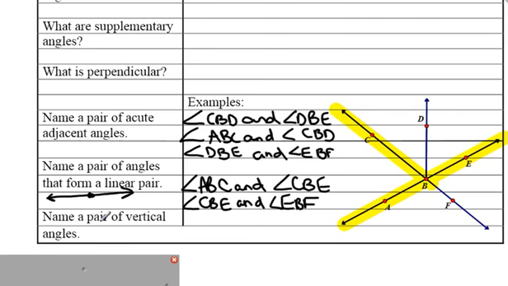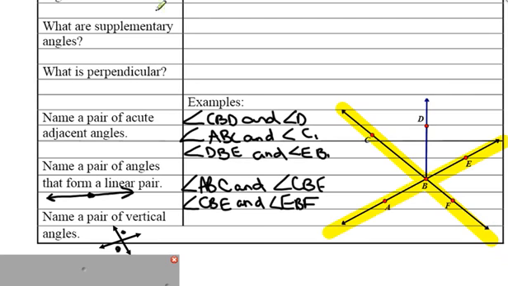And then a pair of vertical angles. Vertical angles are formed by two straight lines, and they are directly across from each other. They are non-adjacent. They do not share a common side. So the only pair of vertical angles that we have, one straight line, two straight lines.